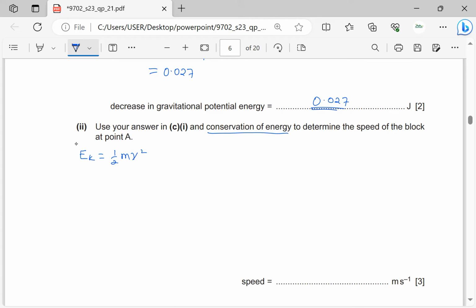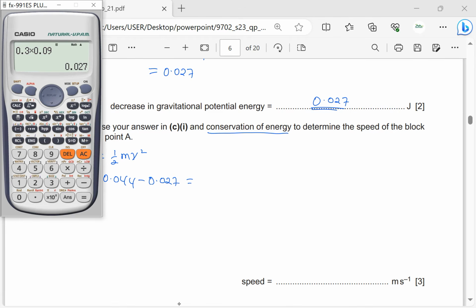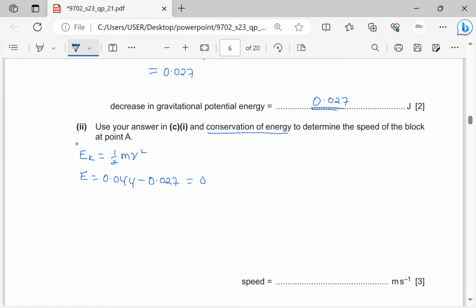So the change in kinetic energy is 0.044 minus 0.027. This is going to be 0.017 joules.